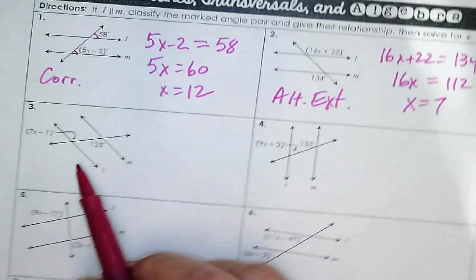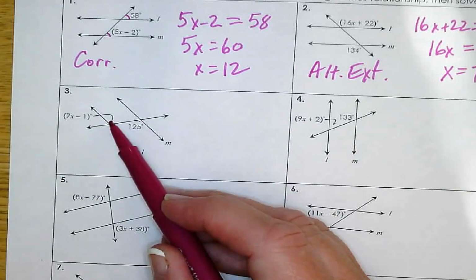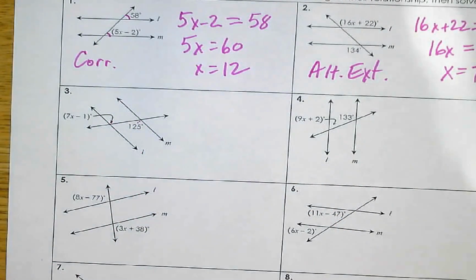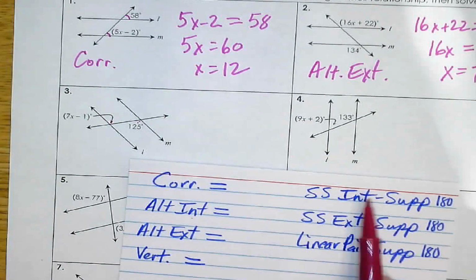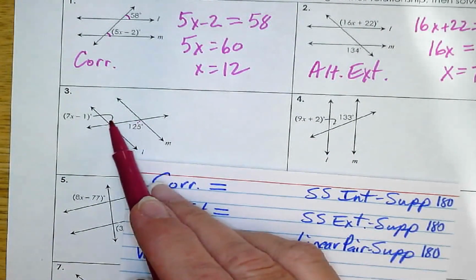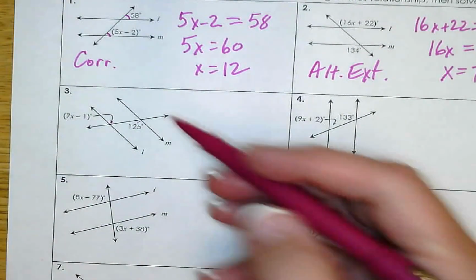Number 3. When I look at number 3, these two angles here are both interior, and once they're interior, I just have to decide, are they alternate or are they the same side? So they're on alternate sides of the transversal, so they're alternate interior. They're also going to be equal to each other.